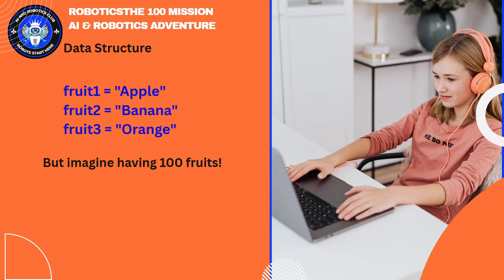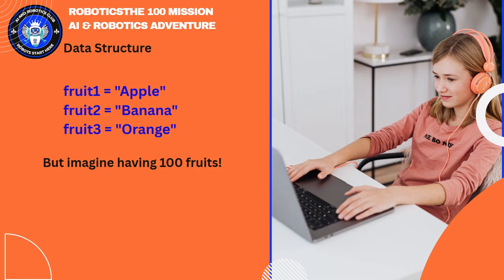So, imagine you have 4 apples, 3 books, and a list of students. You can create a separate variable for every item. Let's say fruit 1, apple, fruit 2, banana, fruit 3, orange. So these are variables.